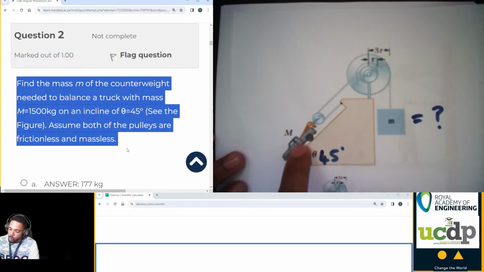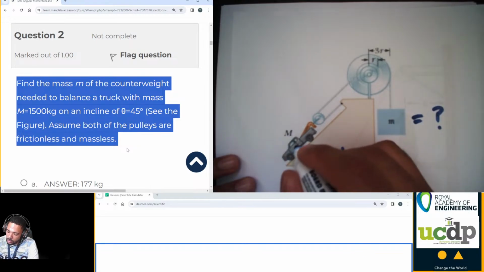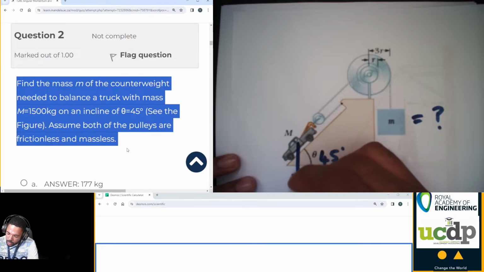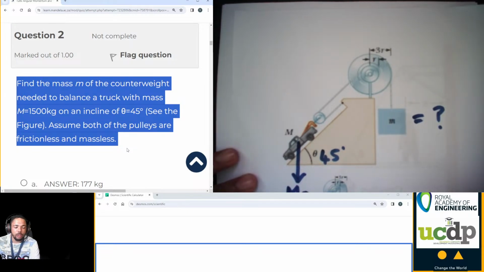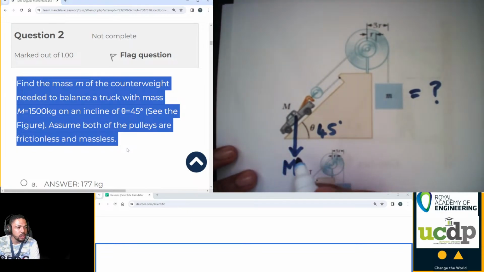Its weight is acting straight down, and its weight is equal to the mass of the buggy multiplied by g. That is the weight of this buggy, mg, the mass of the buggy multiplied by its gravitational acceleration.